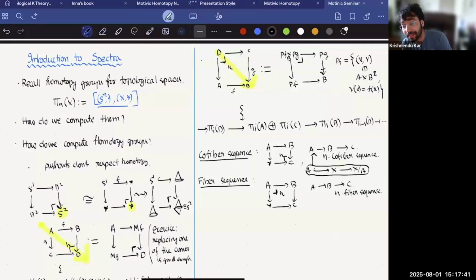And guess what? If you have seen this fact that a fibration sequence or a fiber bundle F, E, B induces a long exact sequence in terms of homotopy groups, this is exactly that information. Whatever this means to you, this means the same thing.